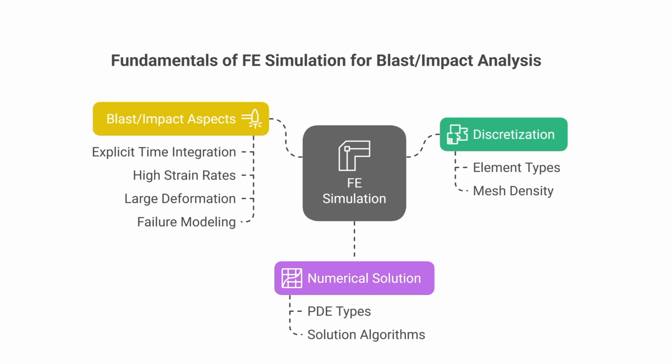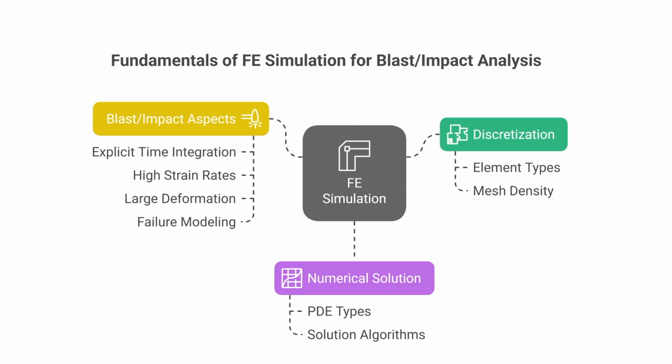In finite element simulation, there is something called the garbage in, garbage out terminology. It means that if we give it incorrect inputs, it will do something and give us some results which might be incorrect. So, in order to achieve a correct and accurate response, we need to give the material properties properly. It should be able to capture the deformations and the failure mechanisms properly, and it should be able to do a proper finite element analysis depending upon the time integration schemes and other factors.